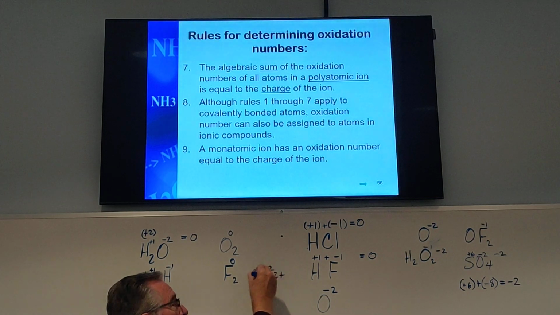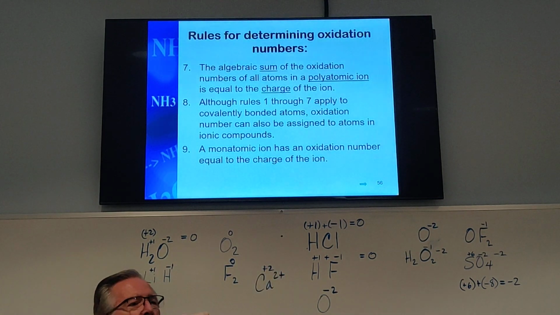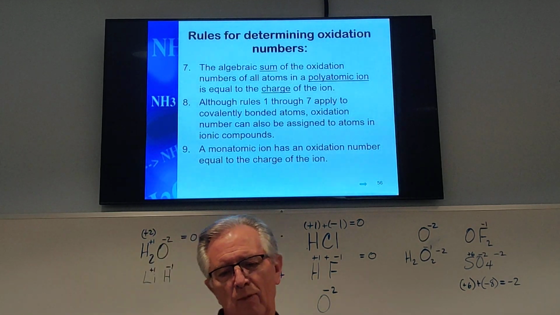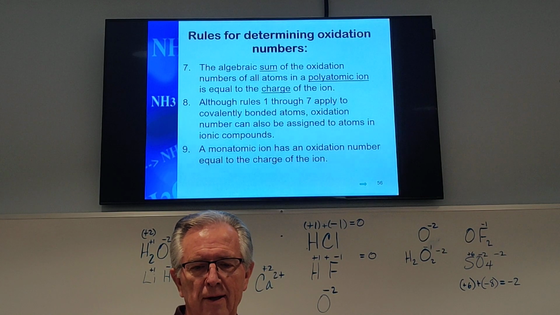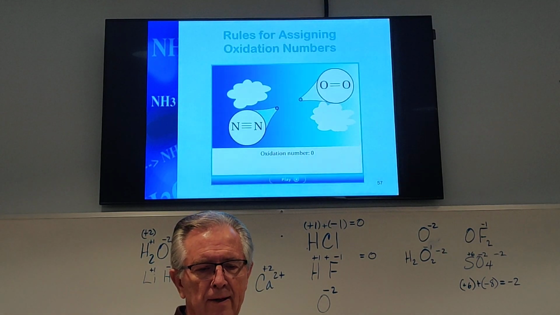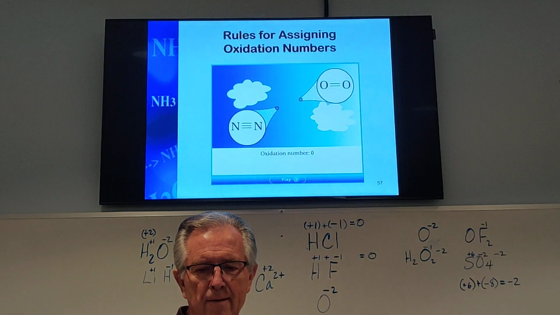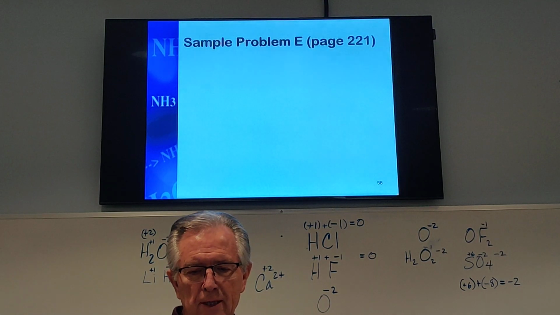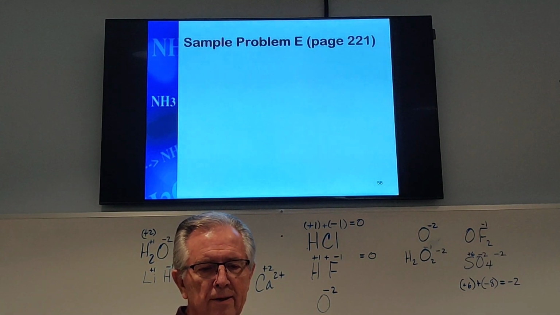Well, it would be just equal to it. It's just +2. It's not adding up to anything yet. So it'd be +2. That's what they're saying there. We'll skip that.